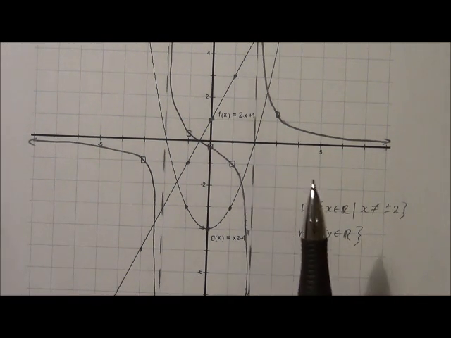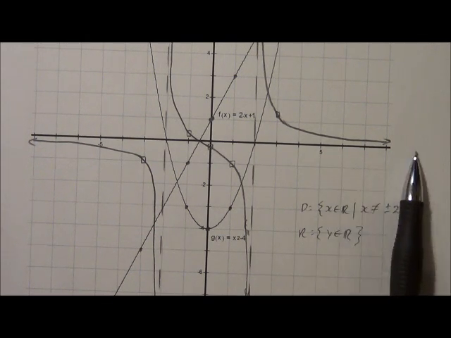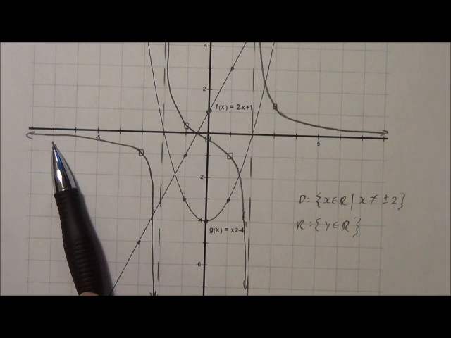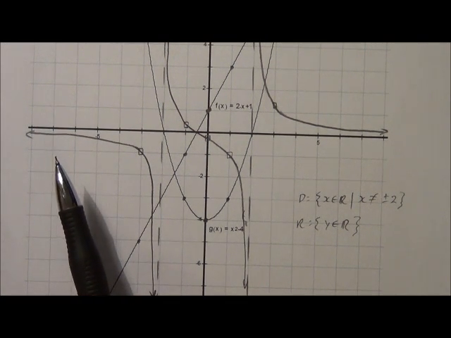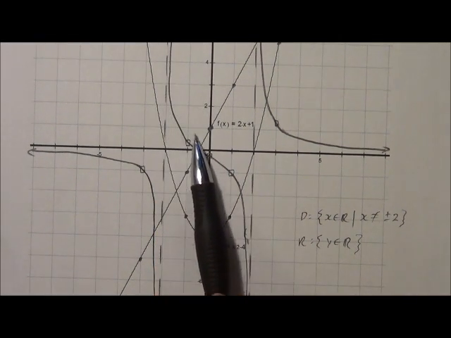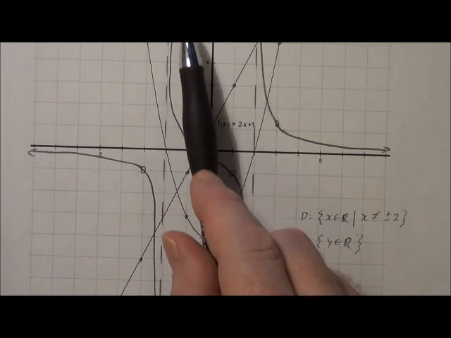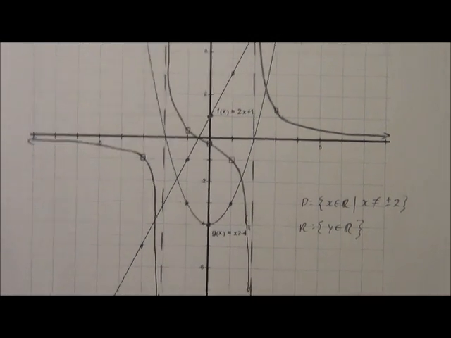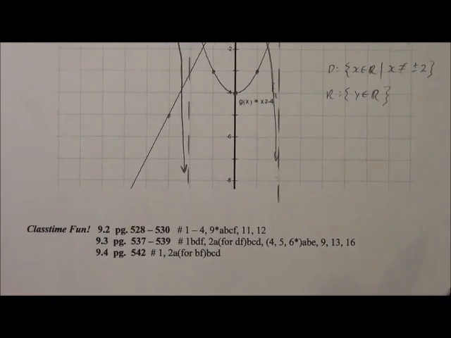Okay, and if you're only looking at those parts where x is very, very large, or very, very large negative, then you would say that y does not equal 0. However, we can plainly see that y does equal 0 as this middle branch goes right through the x-axis. So that is the lesson for today.